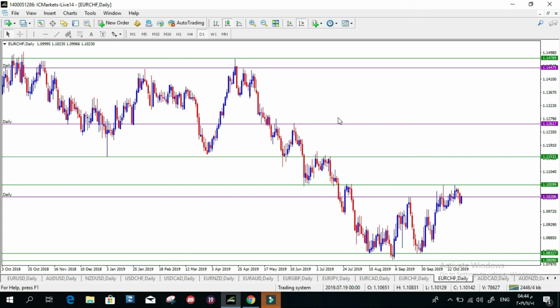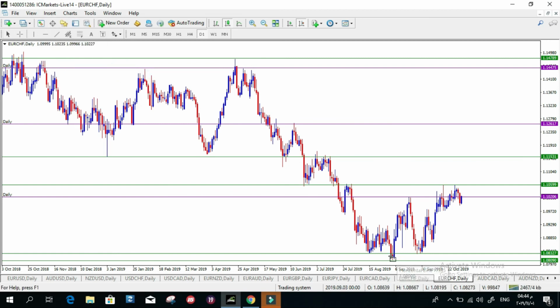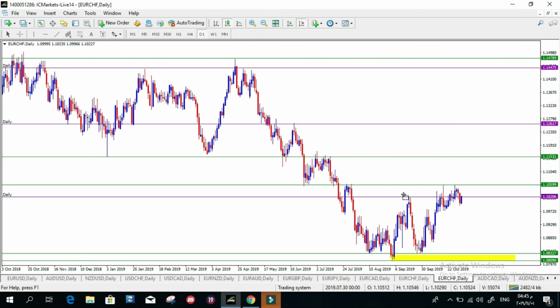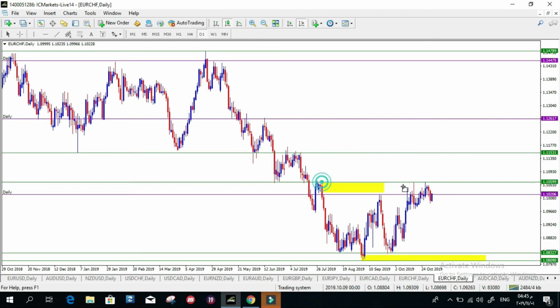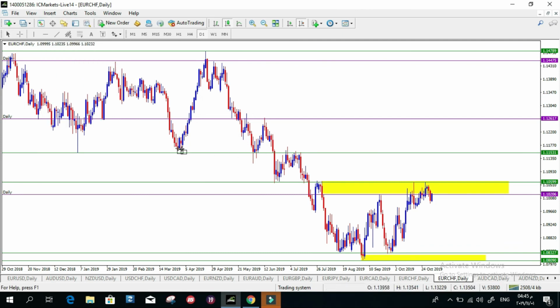Okay, next we need to change those zones into areas by highlighting the tails. Tail is highlighted over here.